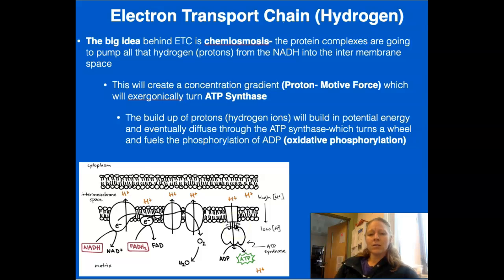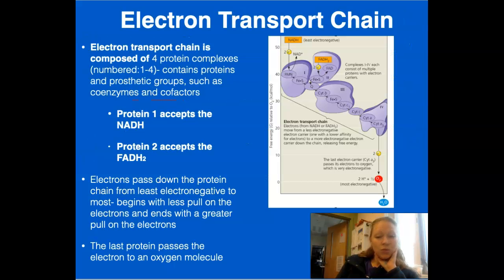Scientists are not totally sure, this is debated, but they believe about 4 hydrogen ions are going to make a complete circle. And when we have a complete circle, ADP receives a phosphate group to make ATP. This is why we call it ATP synthase, and this is oxidative phosphorylation. We call it oxidative phosphorylation because this whole thing is driven by oxygen pulling the electrons through the protein complexes because it is so electronegative.